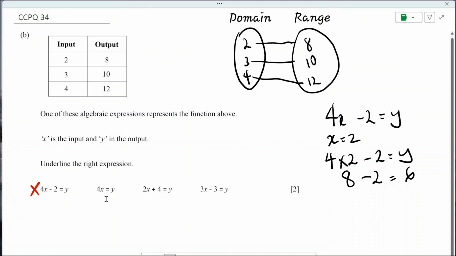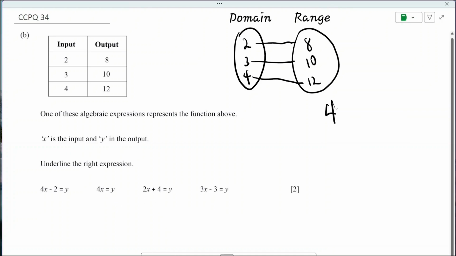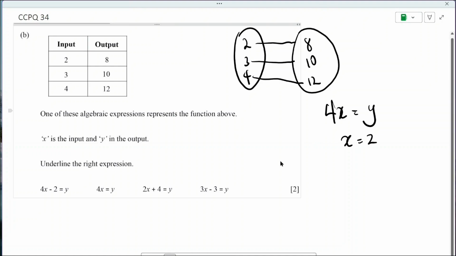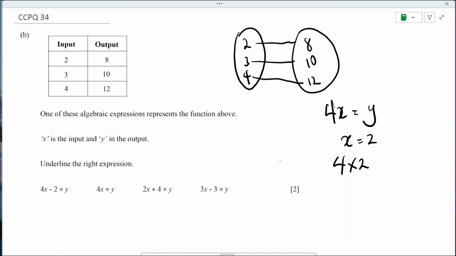We go for the second one. We have 4x equals y. X is the input. So we try the first value when x is 2. What's y? When x is 2, we have 4 times 2 should equal y. 4 times 2 is 8.